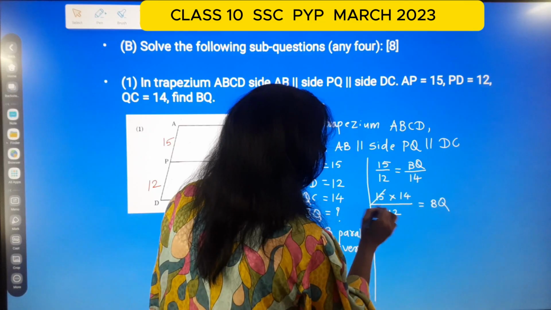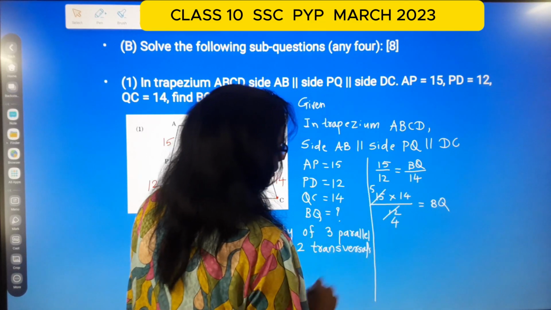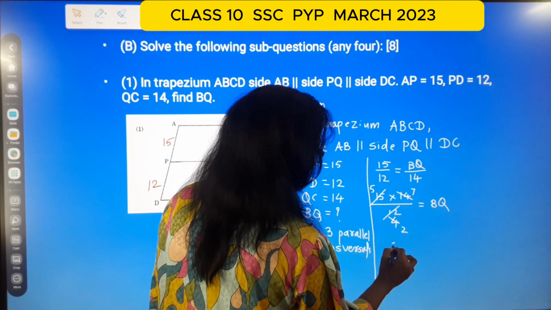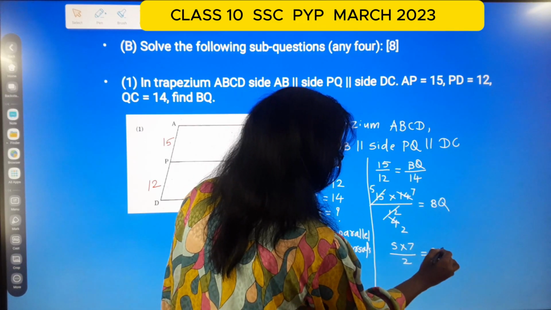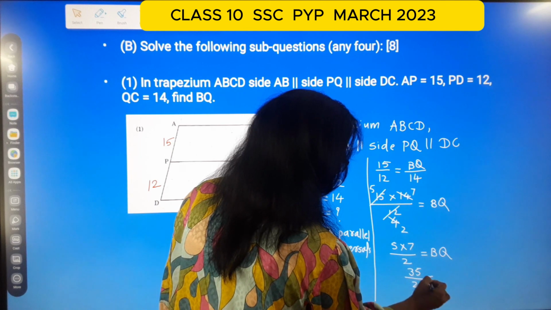So now 3 fours are 12, 3 fives are 15. Then 2 twos are 4, 2 sevens are 14. So here 5 multiply 7 upon 2 is equal to BQ. So 35 upon 2 is equal to BQ.